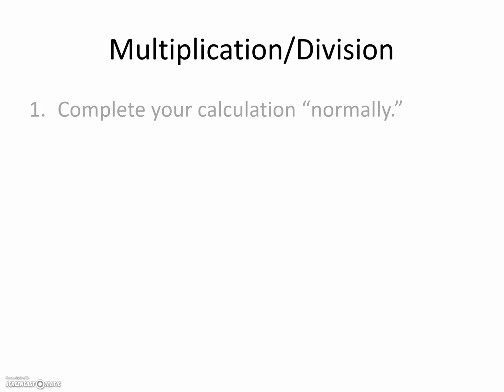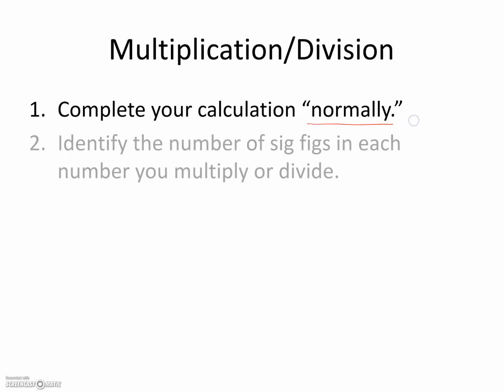All right? So we're going to start with multiplication and division, the rules for this process. Like I said before, you're going to complete your calculation normally. Just plug it in your calculator and hit equals. Don't change anything about the numbers yet. Okay? Now, you're going to go back to the numbers you multiply or divide.